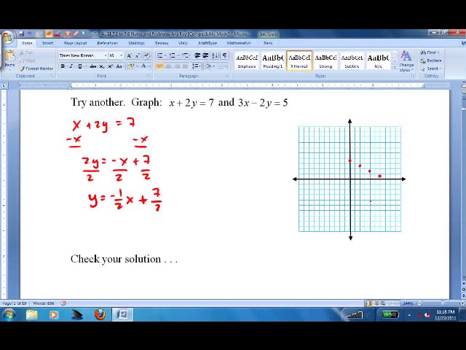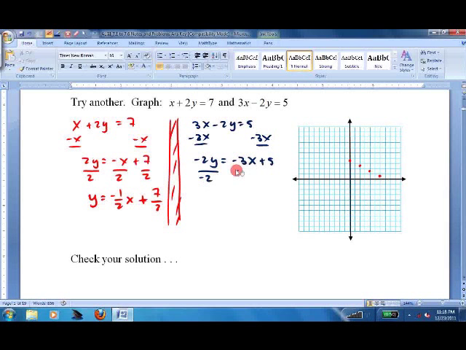And as I just said before, we're going to not fill in the line, just leave the dots until we're confident. So here we go again. So we get y equals 3/2 x plus negative 5/2.